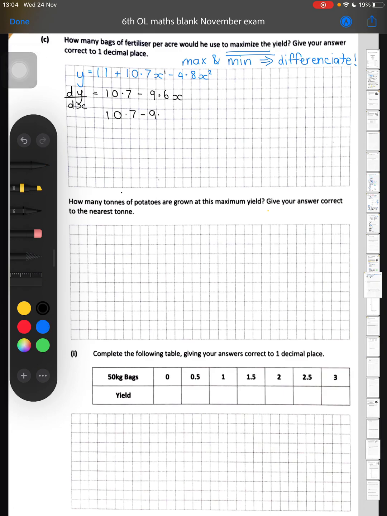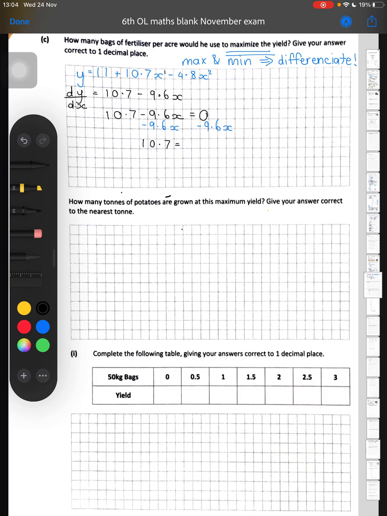So 10.7 minus 9.6x is equal to 0. I want x to be on one side by itself, so I'm going to add 9.6x to both sides, moving my x's over to the right side. If you had left them on the left side and moved the 10.7 instead, you'd still get the exact same answer.